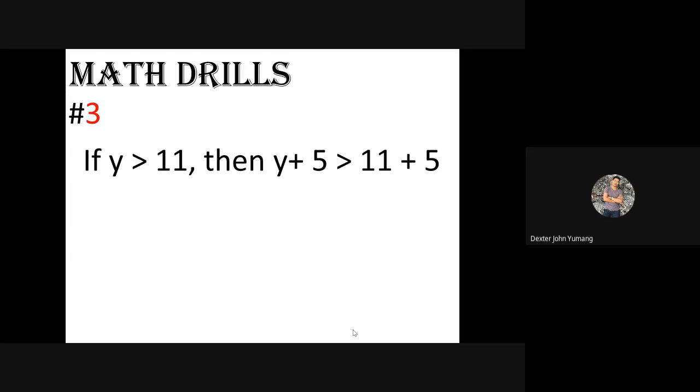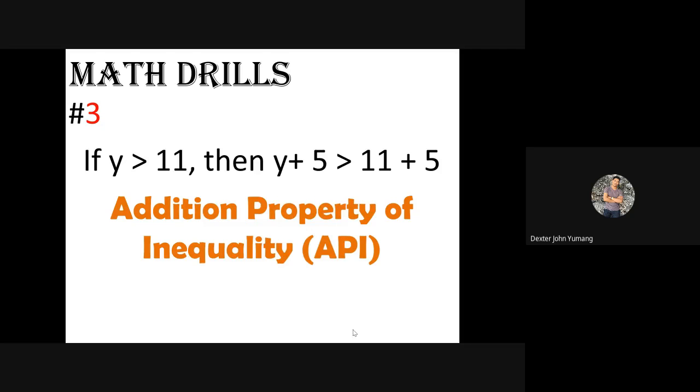Last 30 seconds. Okay, only Pearl got the answer. Si Pearl lang po ang sasagot. Okay, the answer here is API. Okay, Pearl, please send me your score. PT number 13, 20 over 20.